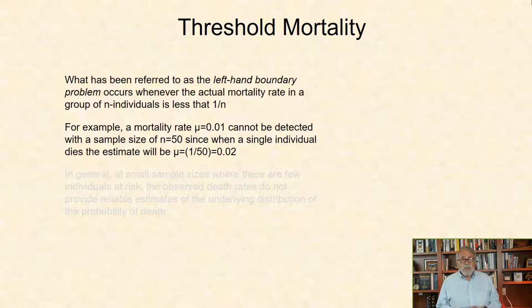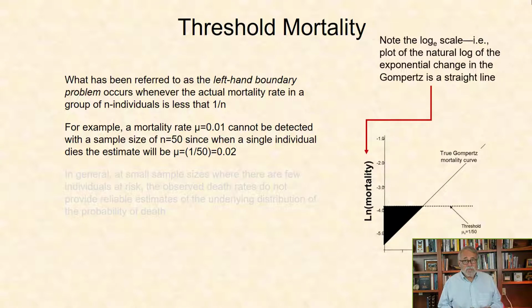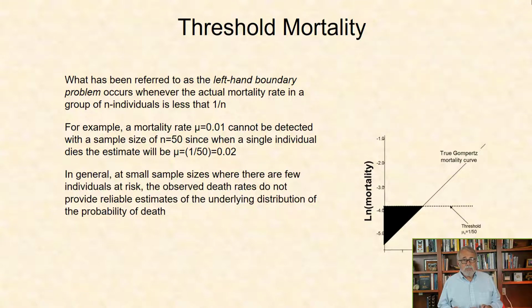When a single individual dies, the estimate will be at best 1 over 50 or 0.02, as depicted in this graphic, in which mortality is plotted on a natural log scale. In general, it's small sample sizes where there are few individuals at risk. The observed death rates do not provide reliable estimates of the underlying distribution of the probability of death.